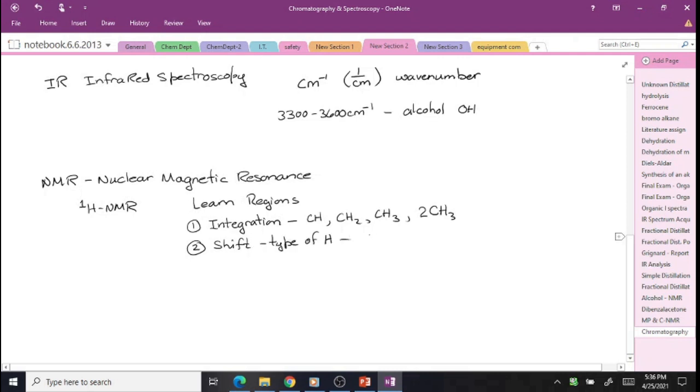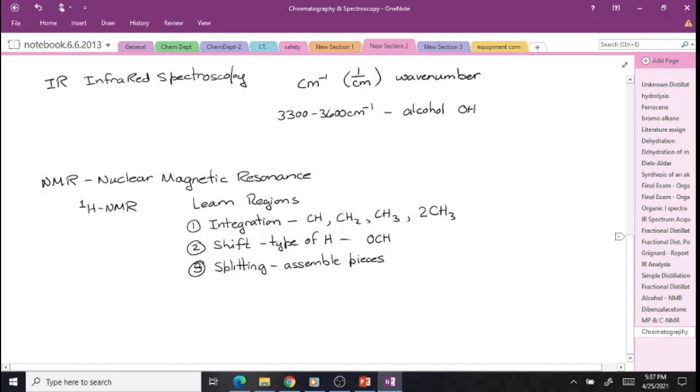For example, is it an alkoxy? Is it OCH? Is it in the alkyl region, just an ordinary CH, or the aromatic region? So you want to look at the shift to determine the type. And then the final step is to put the pieces together. And for that, you will use the splitting. The splitting tells you how the various pieces you've identified go together.